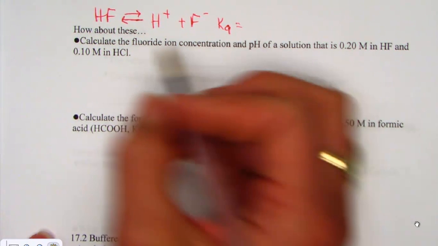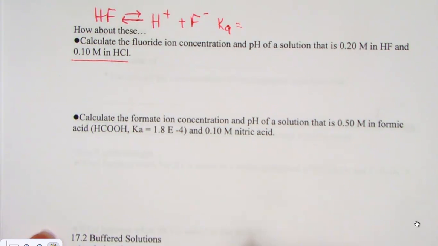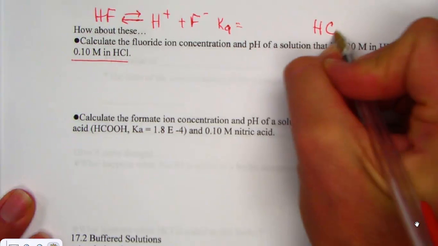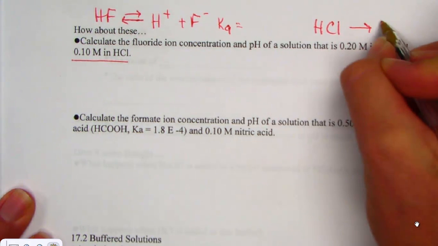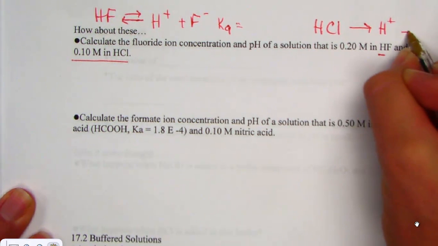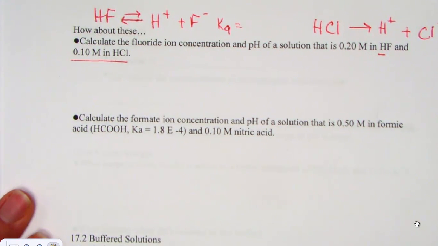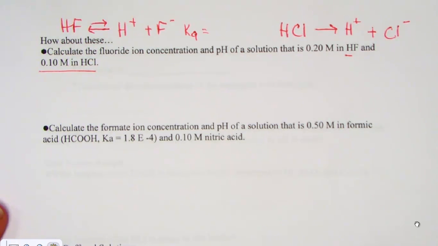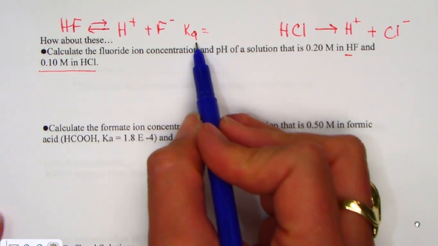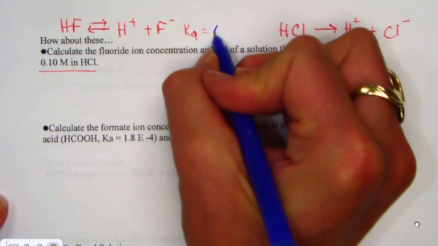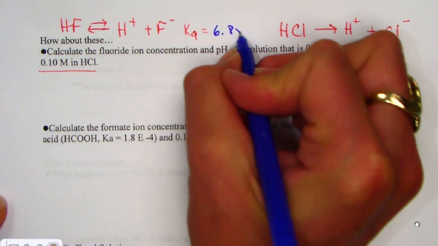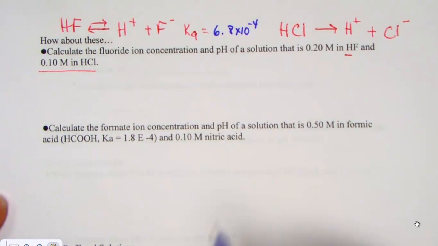But HCl is the other ion mentioned. HCl is one of our 7 strong acids. Therefore, it 100% dissociates. No equilibrium, no Ka value for this particular reaction. Let me quickly look this up while we have our chart nearby. HF is 6.8 times 10 to the negative 4.